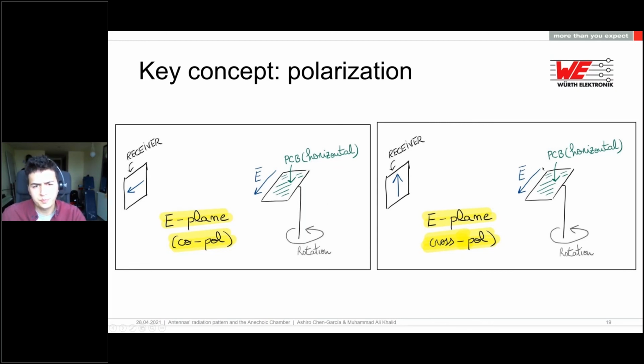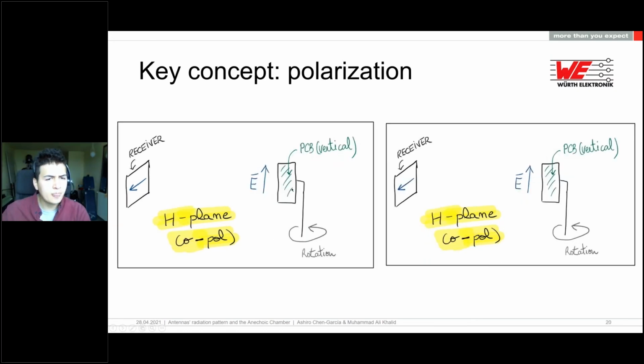Then on the right side, we can see that the PCB is still horizontal, but we change the polarization of the receiver. That means we are measuring the cross polarization in the E plane. Then we've got the H plane. As you can see here, now we place the PCB vertically, and then, as before, we rotate the receiver.